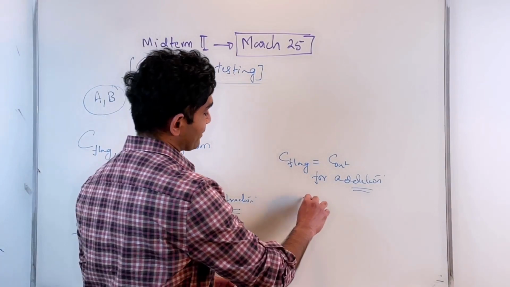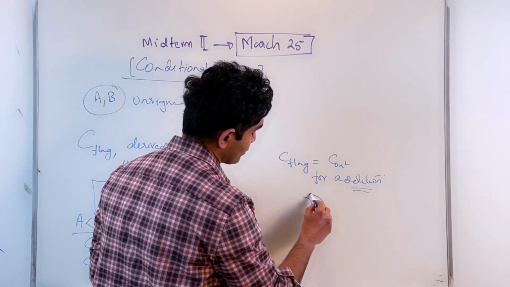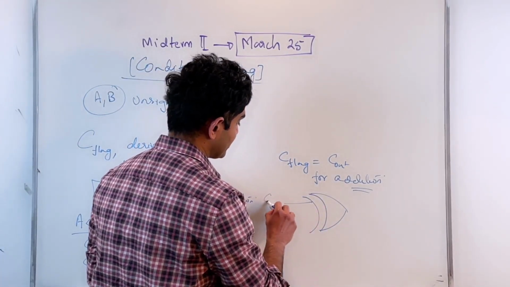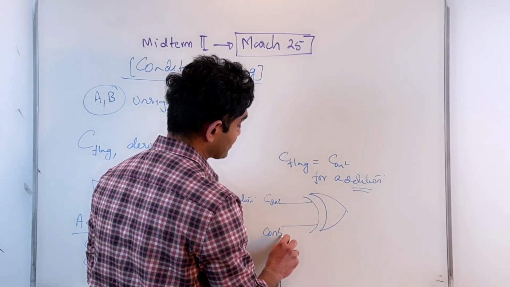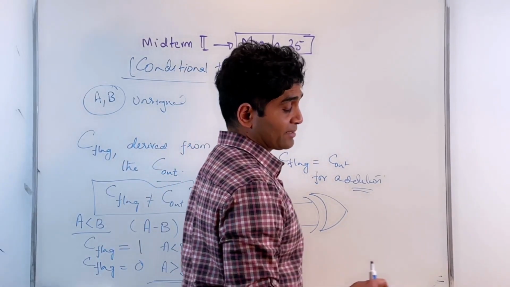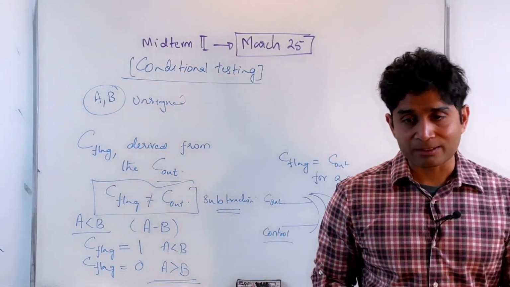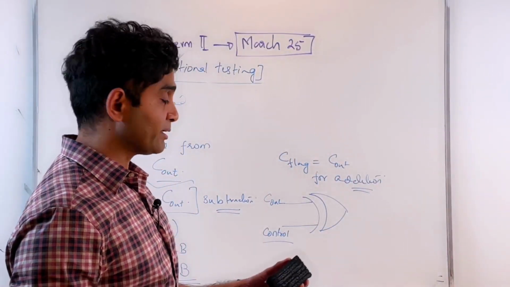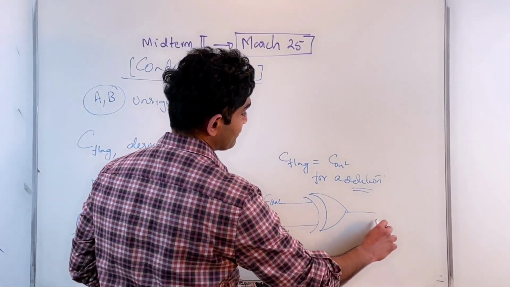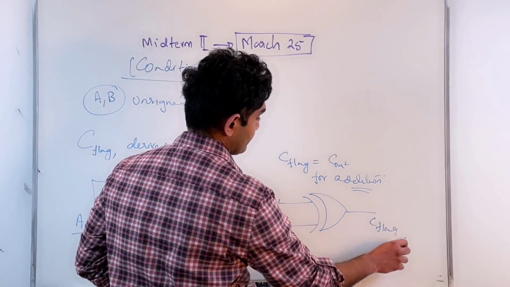So the way we have realized this was using an XOR gate between C out and the control input, which determines if my adder/subtractor is configured as an adder or a subtractor. The control input being 0 indicates that I'm configuring this as an adder, in which case my C flag is equal to my C out.